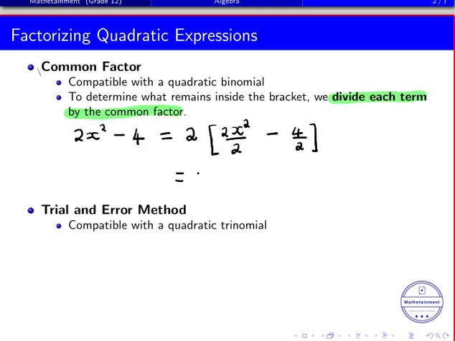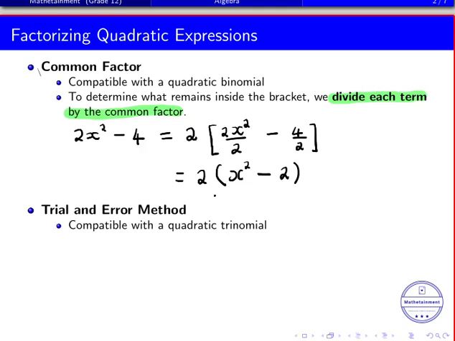So what you have now, you have 2, and then inside the bracket, 2x squared over 2, that is exactly x squared, minus 4 over 2, that is exactly 2. So you can see that here you are left with 2 into x squared minus 2, and that expression entirely is now a single term.